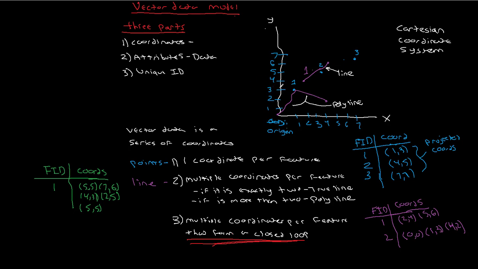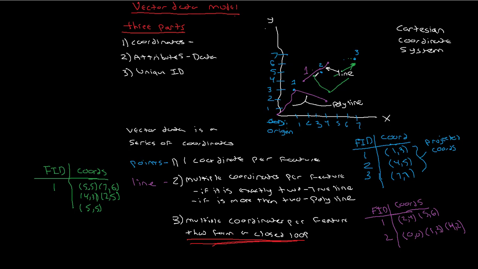And so what this is going to do is we're going to start, and we're basically going to trace everything out. So 5, 5 is here, 7, 6 is right here. We're going to connect those two together. Then 4, 3, we're going to connect those two together. Then 2, 5. We're going to connect those two together.